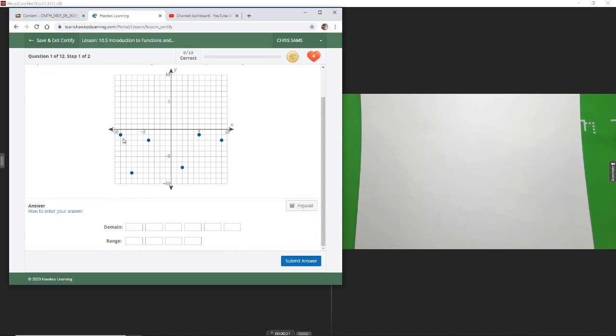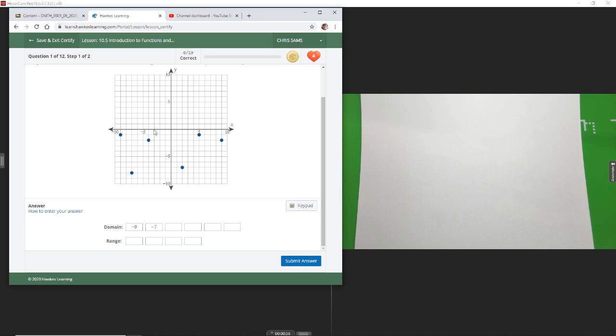So the leftmost point in the x direction is going to be -9. So I'm going to do that one first. And then the next point is this one down here, which if this is 10, 9, 8, this is going to be -7. And then the next point that we get to going from left to right is -4.